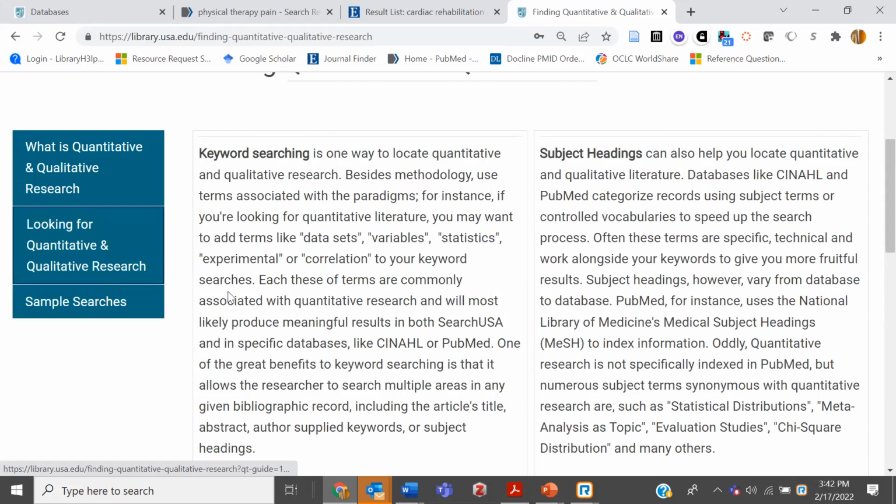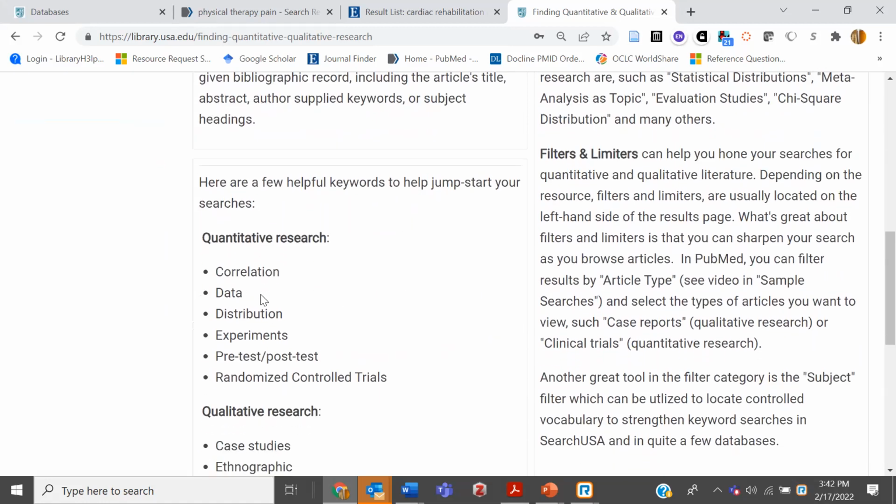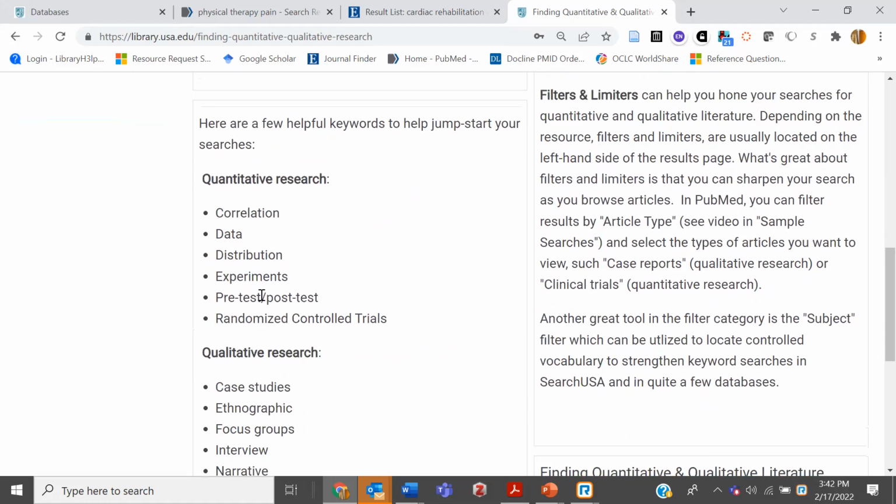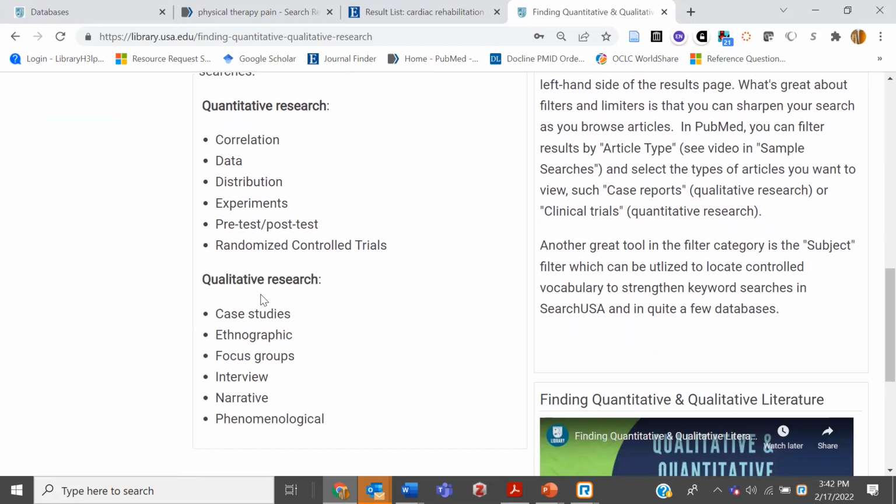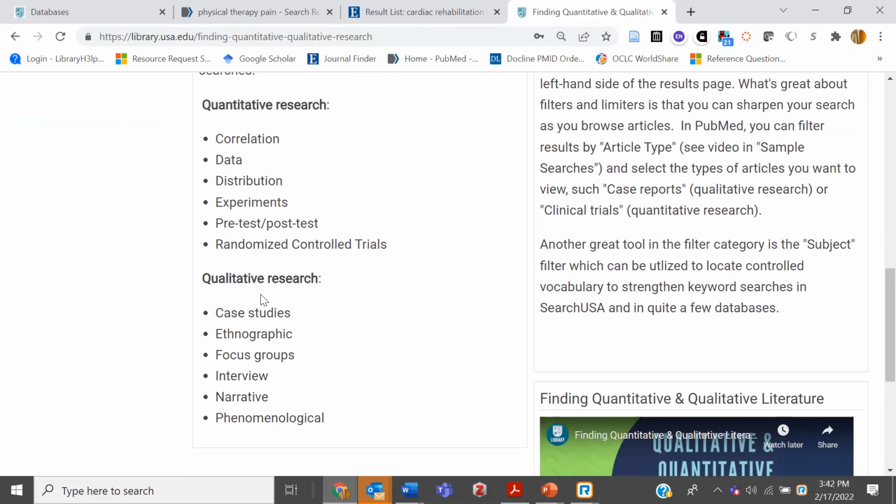This looking for qualitative and quantitative guide here has a few keywords that can help you narrow in on quantitative or qualitative research. Like I said, I mentioned phenomenological research. Interviews or narrative research tends to be focused on concepts and themes that define qualitative research.